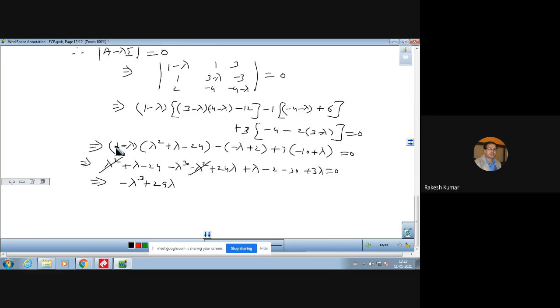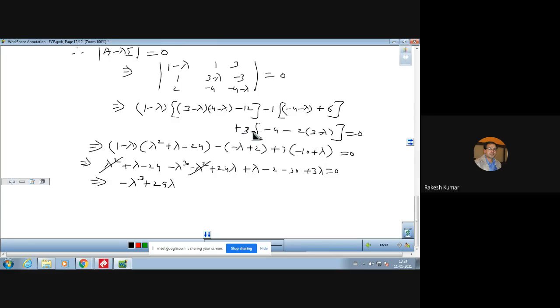Check one more time, because this is cancelling, we should verify once whether it is actually cancelling or not. So the expansion we have checked. This is [1, 1, 3] and [2, -4, -4]. Okay, 3 minus lambda, minus 4 minus lambda, minus 12, and minus 1 is there, and this into this 1 plus 6.